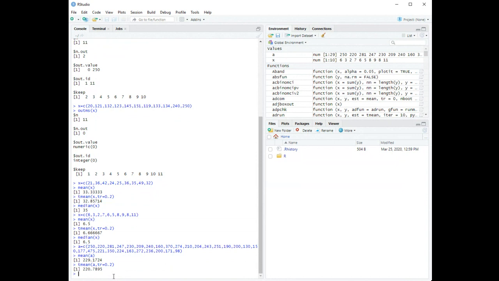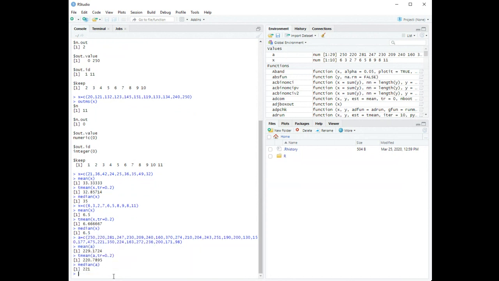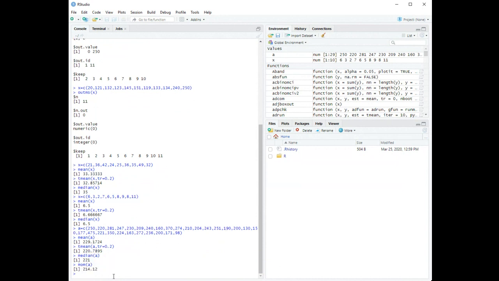So that's 220, and it's asking for median, so median A, 221, and then it's asking for MOM, which I think is just mom A in this case. Mom A. So that gives you 214.12.